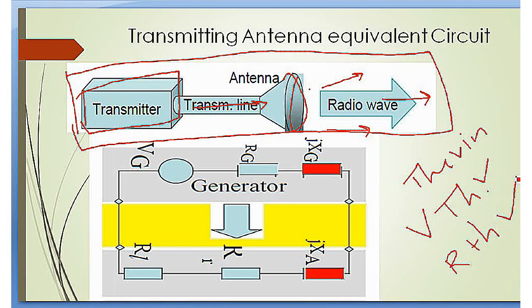So your transmitter or generator, in other words, is converted into Thevenin equivalent circuit as VG, then RG, your resistance. Now this resistance is a combination of real and imaginary part. It is a complex conjugate.